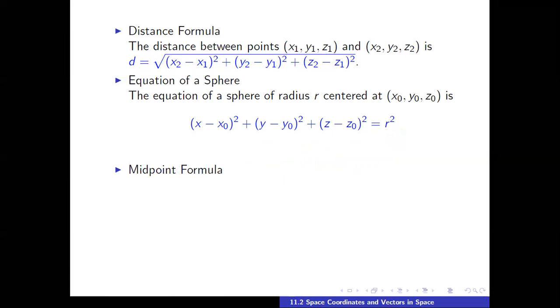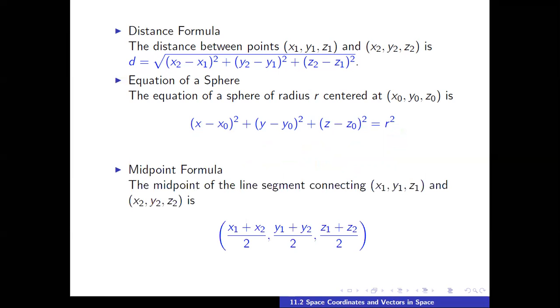Midpoint formula. How do I find the midpoint between 2 points in 3-dimensional space? Well, you just take the average of the coordinates. So you add the x coordinates and divide by 2, take their average. Same thing with y's, and the same thing with z's. That's the midpoint formula for a line segment connecting x1, y1, z1 to x2, y2, z2.